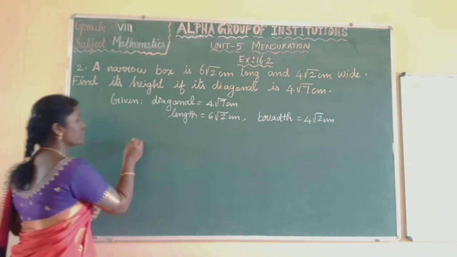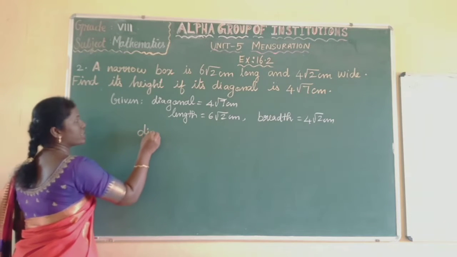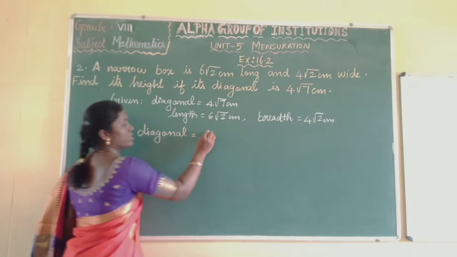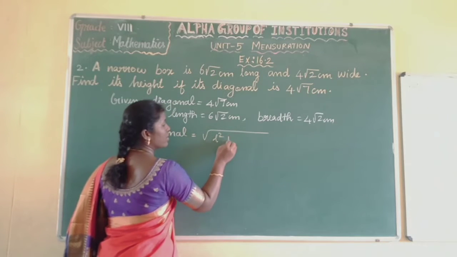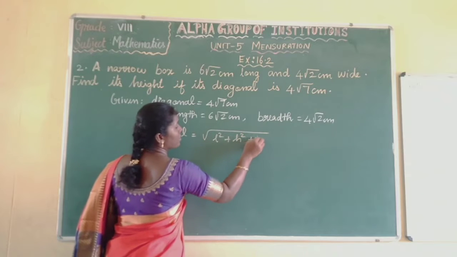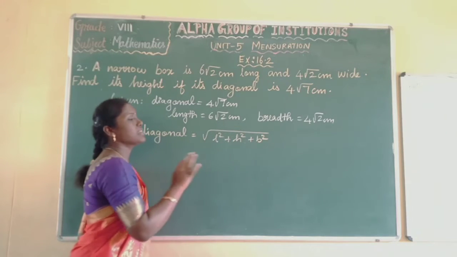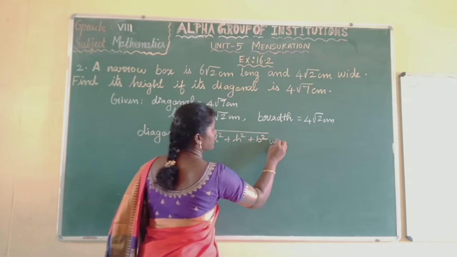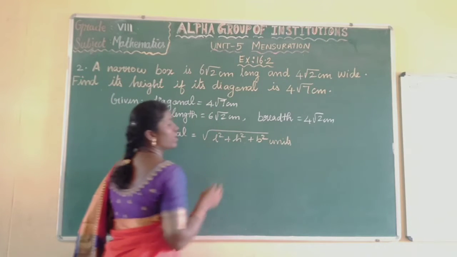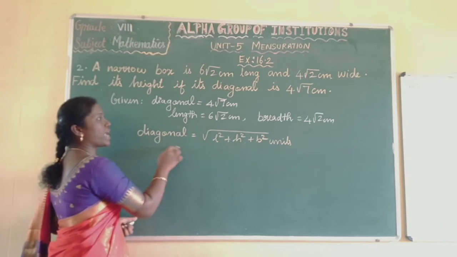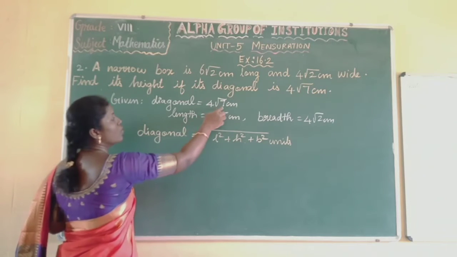Yes. So first we are going to take the diagonal formula. What is the diagonal formula? Length of the diagonal is the square root of L square plus b square plus h square. So now guess what we are going to do? Yes, we are going to substitute the value of diagonal first. What is the length of the diagonal? 4√7.